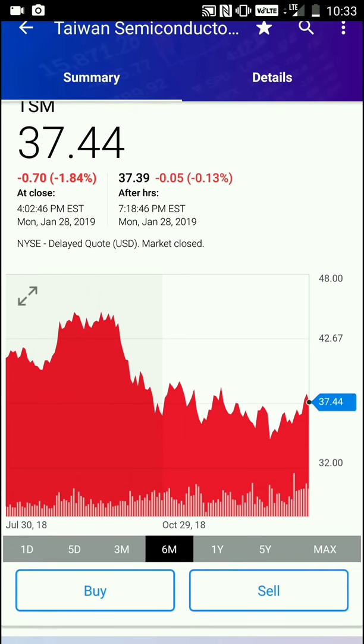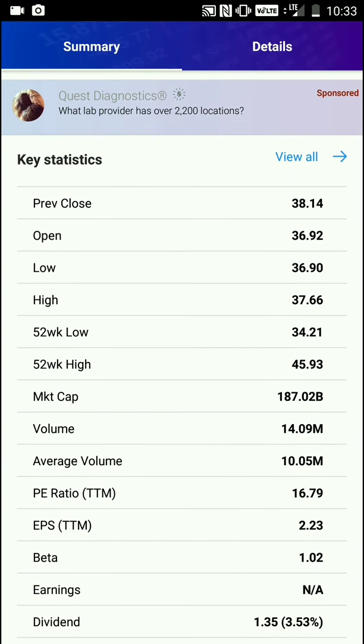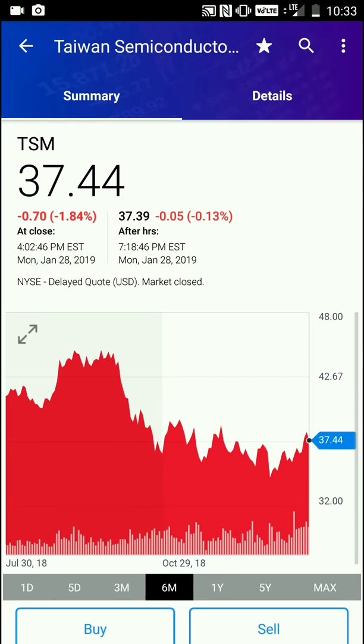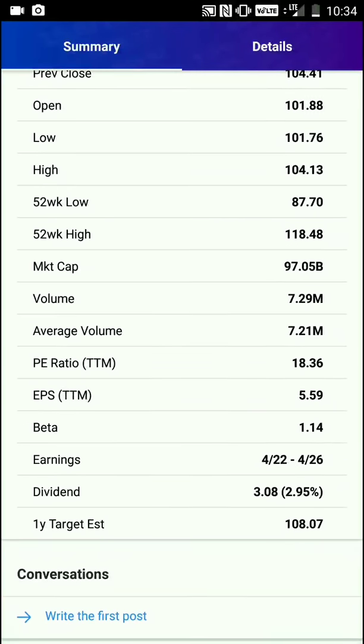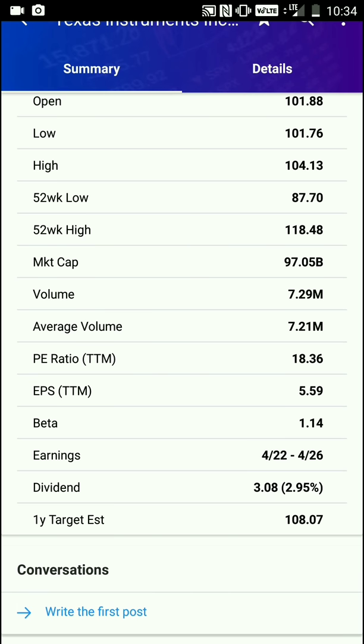Broadcom has about a 9.4 PE, and Texas Instruments, which is also a semiconductor, has a PE of about 18.36. So compared to those two companies, Broadcom has a way better price to earnings ratio.